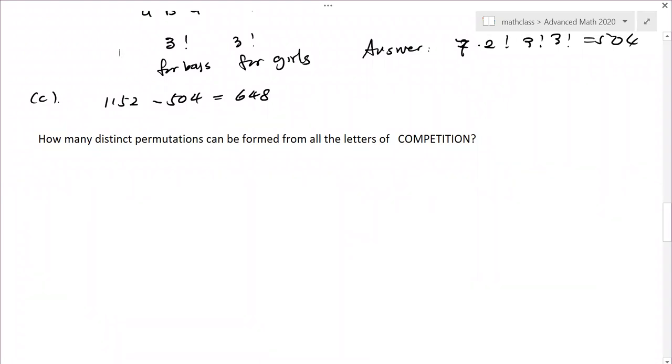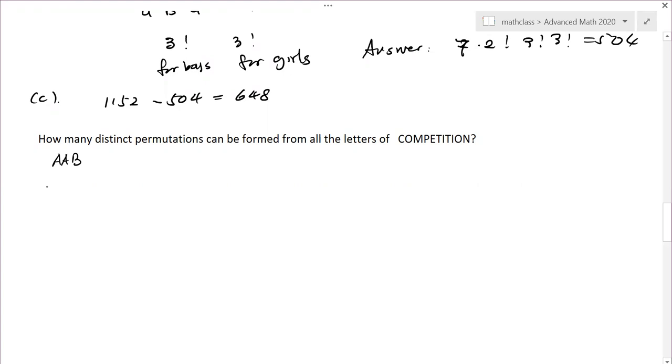Before we do this problem, maybe I should look at the simple case, just A, A, B, okay? You have 3 objects here, right?